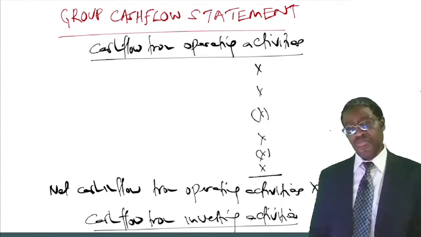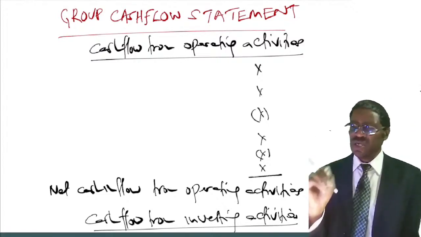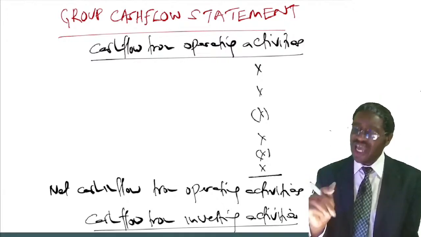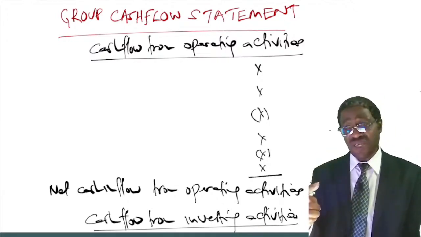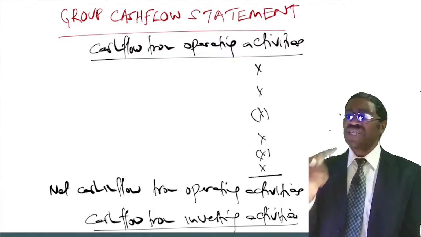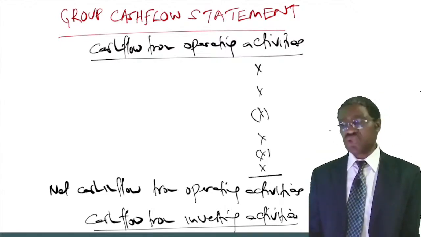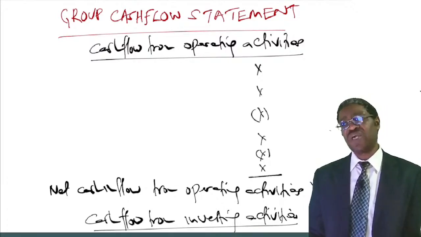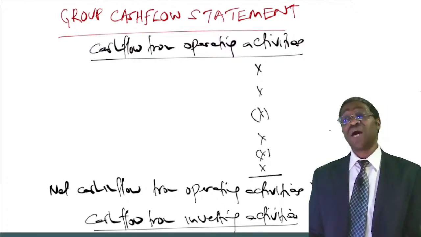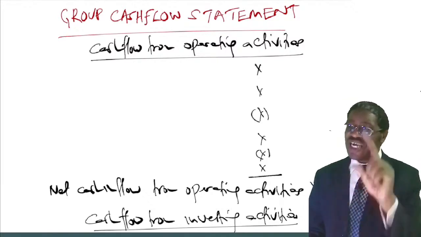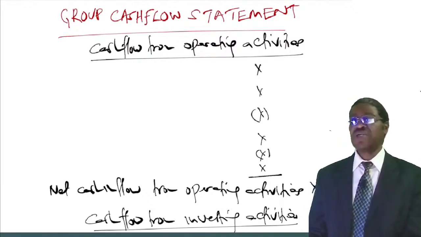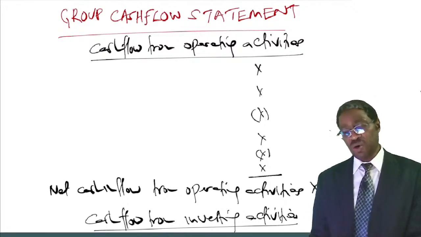Operating activities are those transactions and events that are used in the determination of profit. Those transactions are what we classify as operating activities.